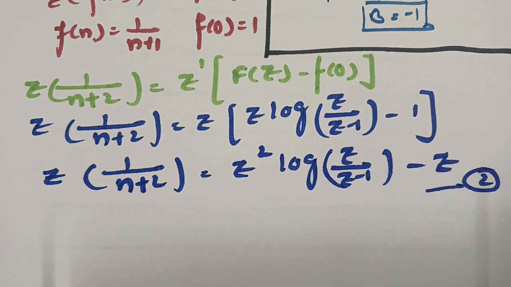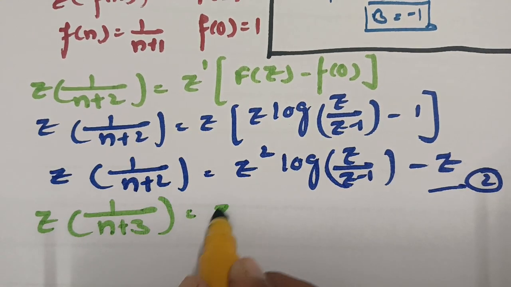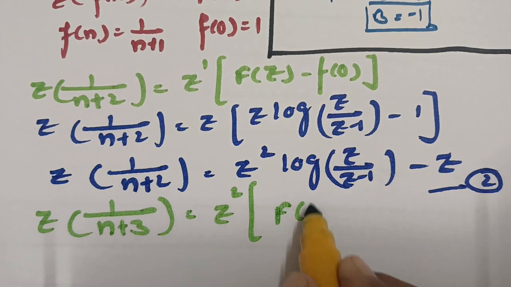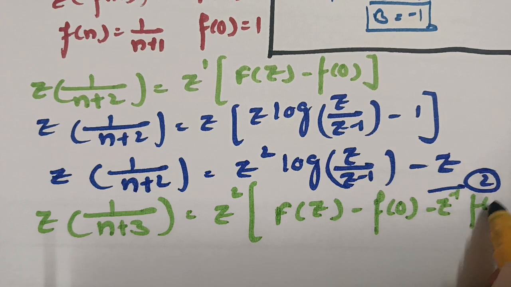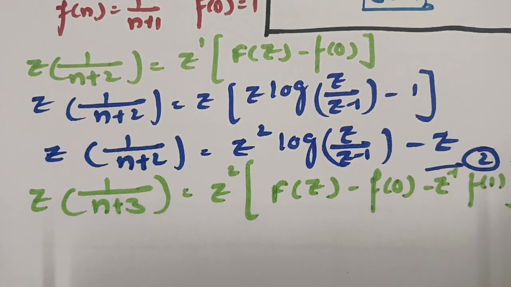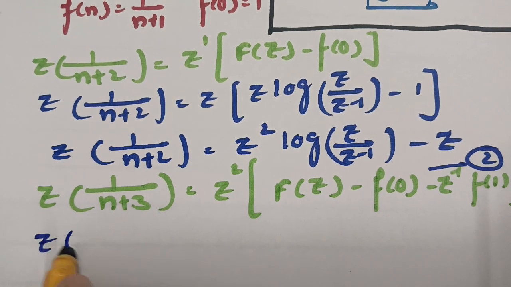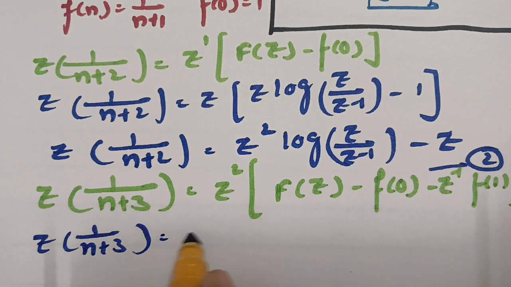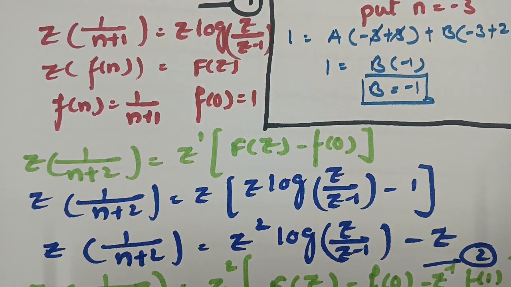Now if it is shifted 2 units, what is the formula? The z transform of 1 by n plus 3 can be written as z square into f of z minus f of 0 minus z inverse into f of 1. So this is the formula. Now the z transform of 1 by n plus 3 is z square into f of z, and f of z is z log of z by z minus 1.